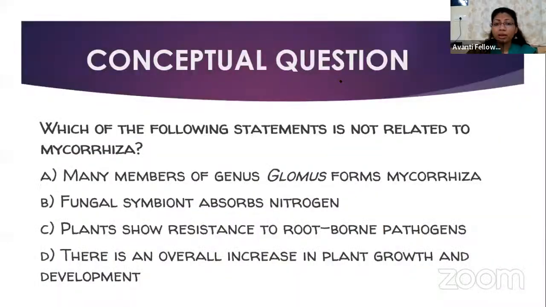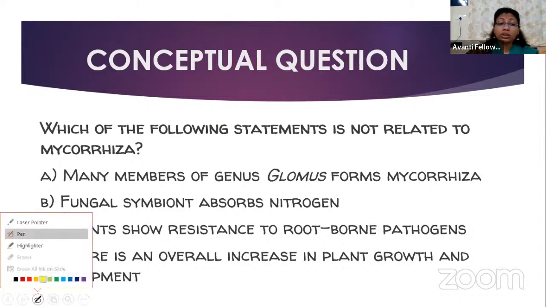Okay, so here is a question related to this topic. The question says, which of the following statements is not related to mycorrhiza? Please pay attention. We have to find the statement which is not related.